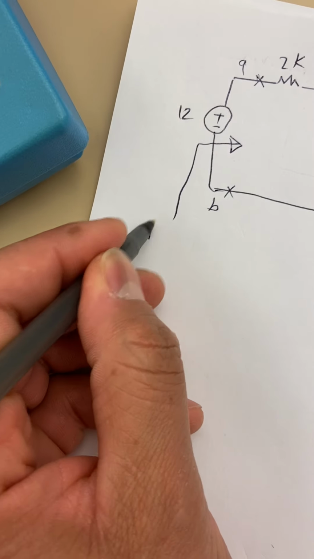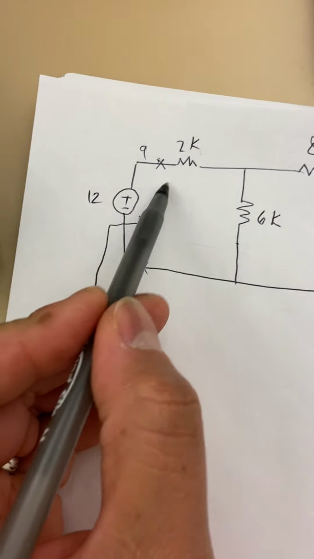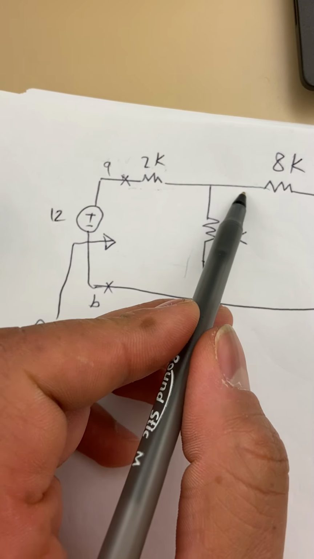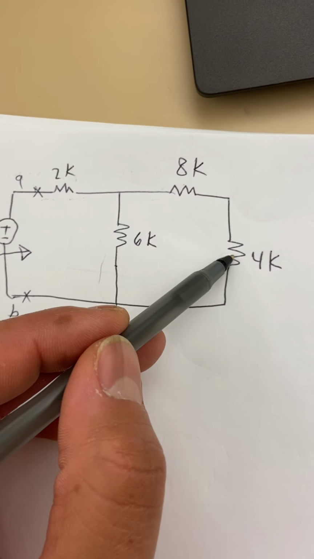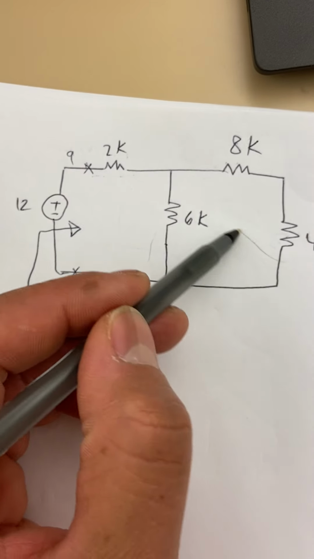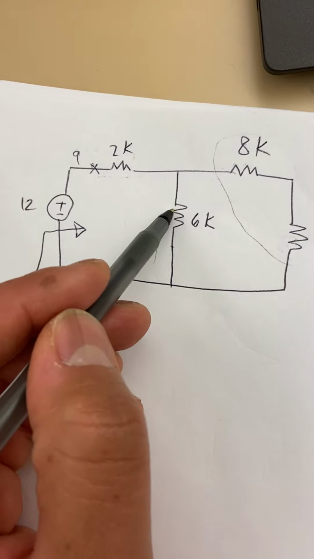Let's try to calculate it first, to find the R total. If you go from here and then divide into two sections, I end up with the 8K in series with the 4K, which is R12, so 12K, parallel with the 6K.